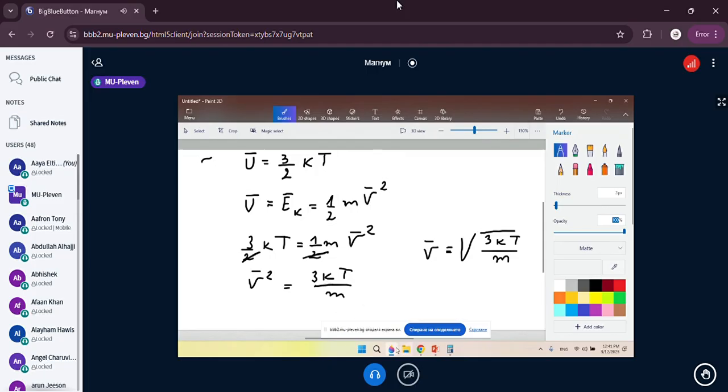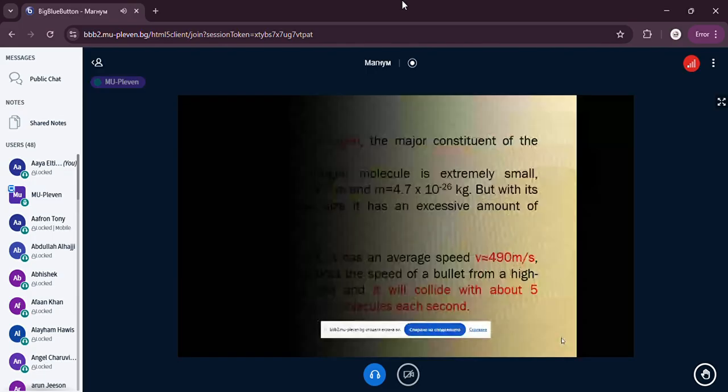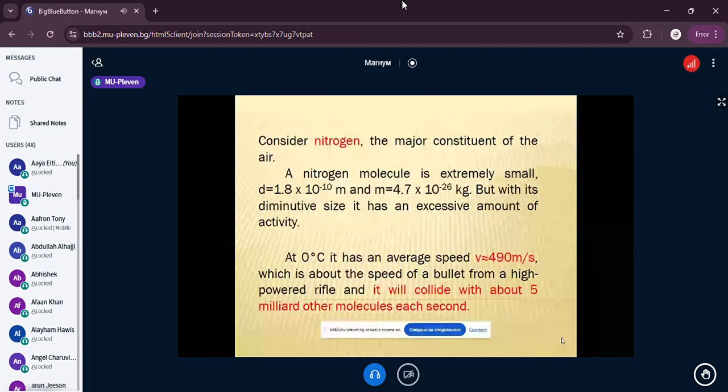And the mass also is given in the slide. Let me find the pointer. So it's given here, the mass which we also discussed. So those are all the quantities.